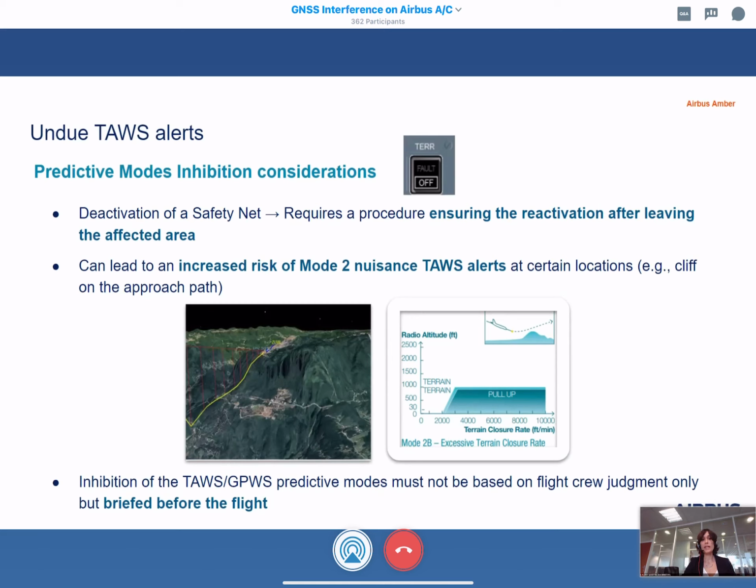Also, this can lead to an increased risk of more true nuisance alerts at certain locations, for example, as in the figures below, for approaches on which we have a cliff or mountain along the approach path. Then, to remind you that the inhibition of the TAWS GPWS predictive modes must not be based on flight crew judgment only, but shall be briefed before the flight.